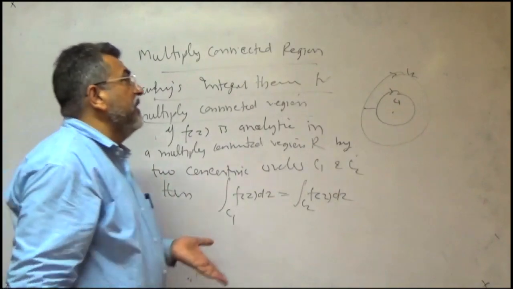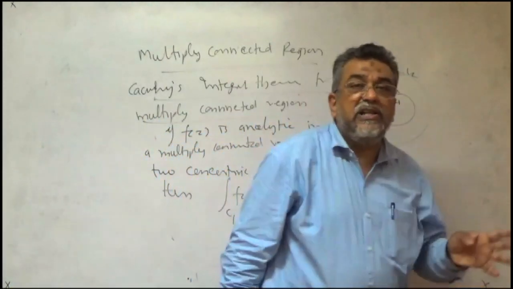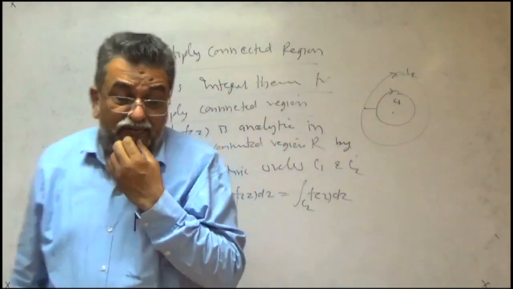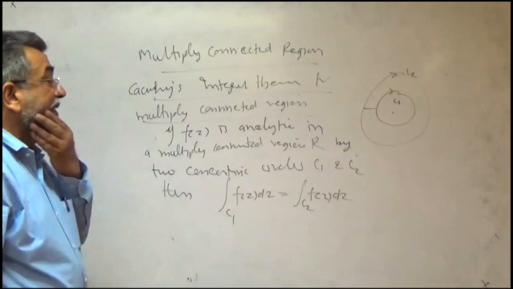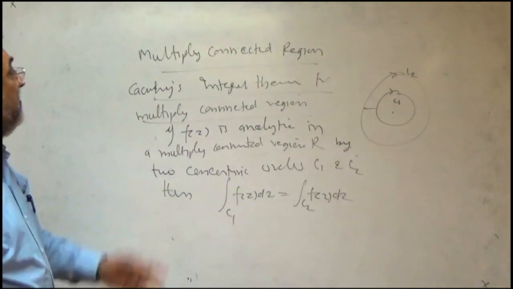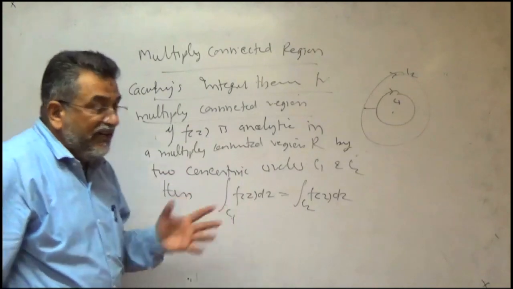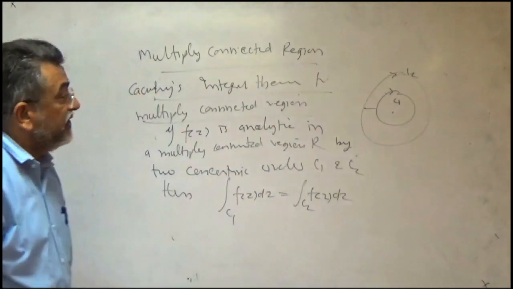This means the value of the integral along both closed circles must be the same. So this is another statement of Cauchy's integral theorem for a multiply connected region.